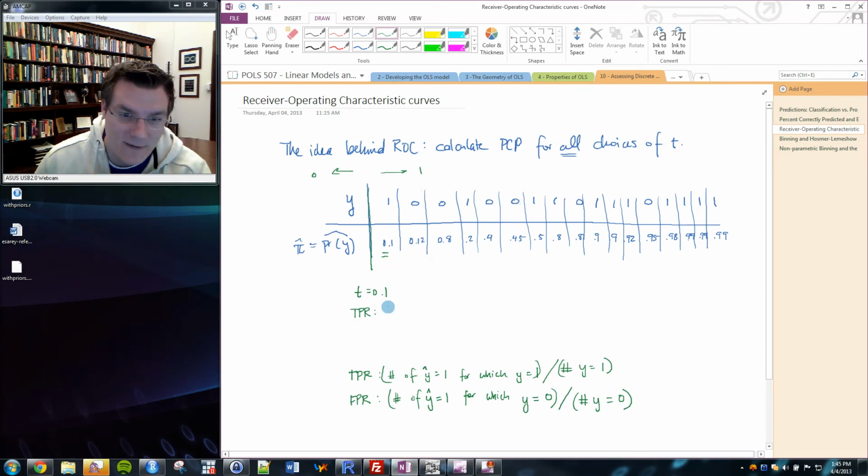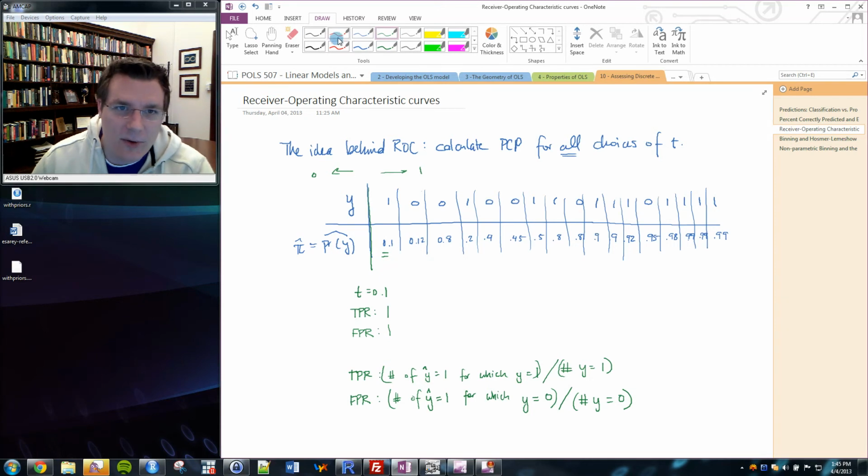So we're just going to have 1. The false positives, on the other hand, are also, every single 0 is going to be classified as a 1. So we're also going to have the false positive rate as 1. So in other words, if I say every case is a 1, I always get the positives right, but I also get all the negatives wrong.